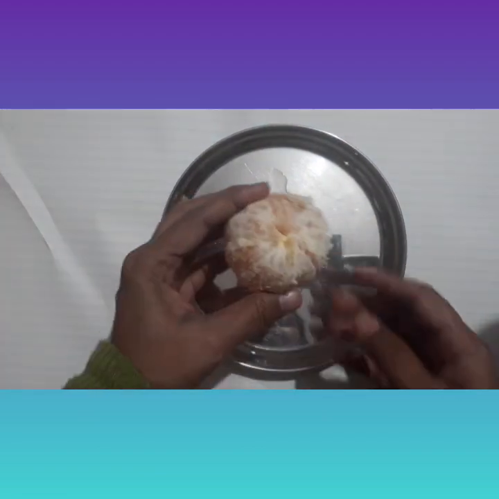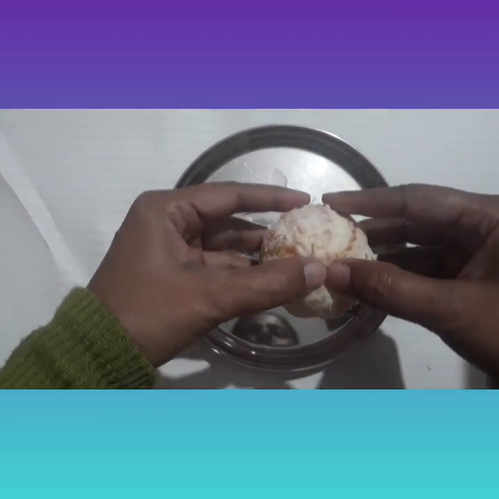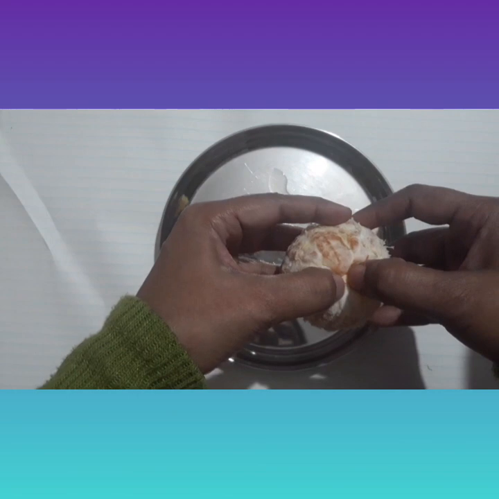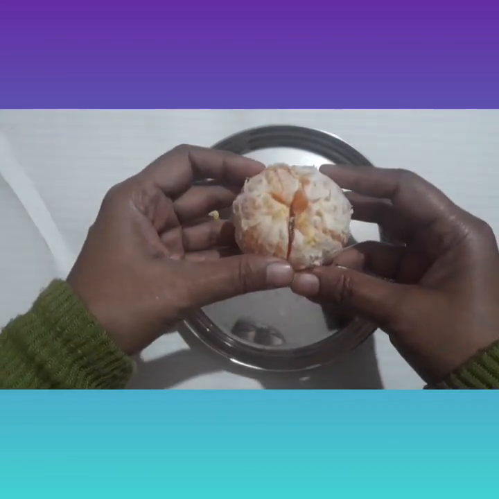Now look at this. Now this is our orange. If you cut like this into two equal parts, you will notice the right and the left are identical. It means they are symmetrical.